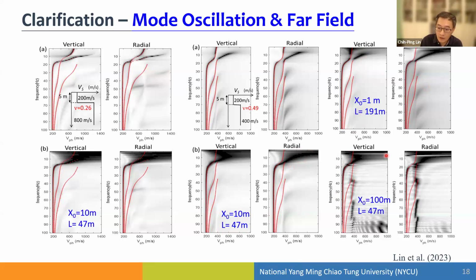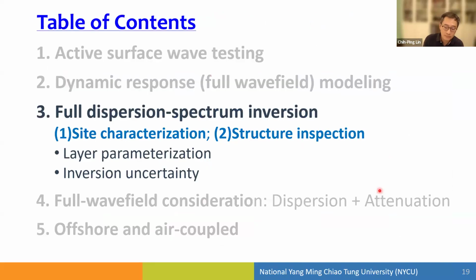Also, sometimes we say that if we have a far offset, we get the fundamental mode, but actually some higher modes manifest at a farther distance. So the model works very efficiently and gives us a powerful tool to study all kinds of wave behavior.